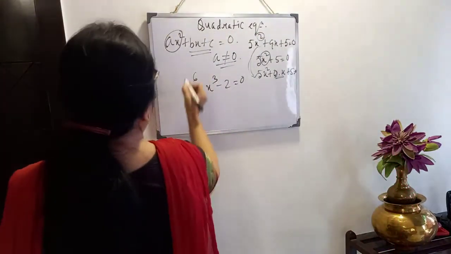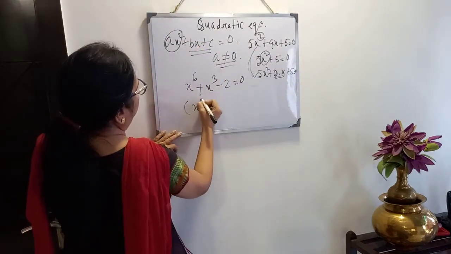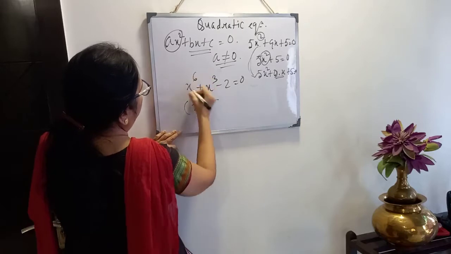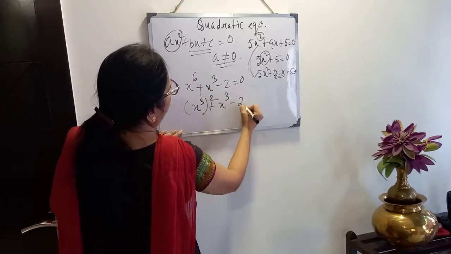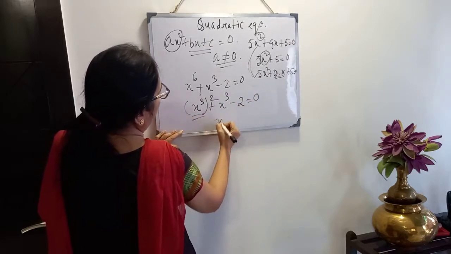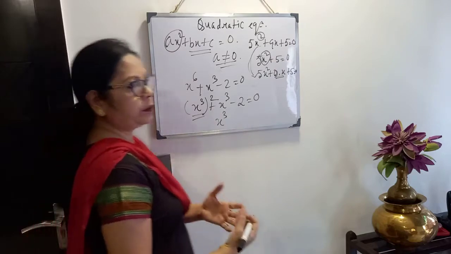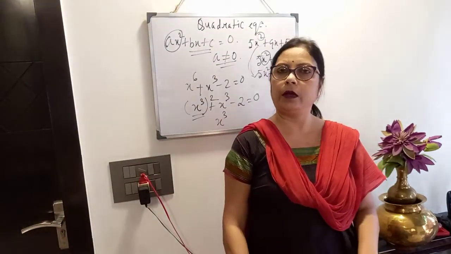Now we will arrange this in square form. So next step we can write x cube whole square, then it will become x cube whole square plus x cube minus 2 equals 0. So with respect to x cube, this is a quadratic equation.